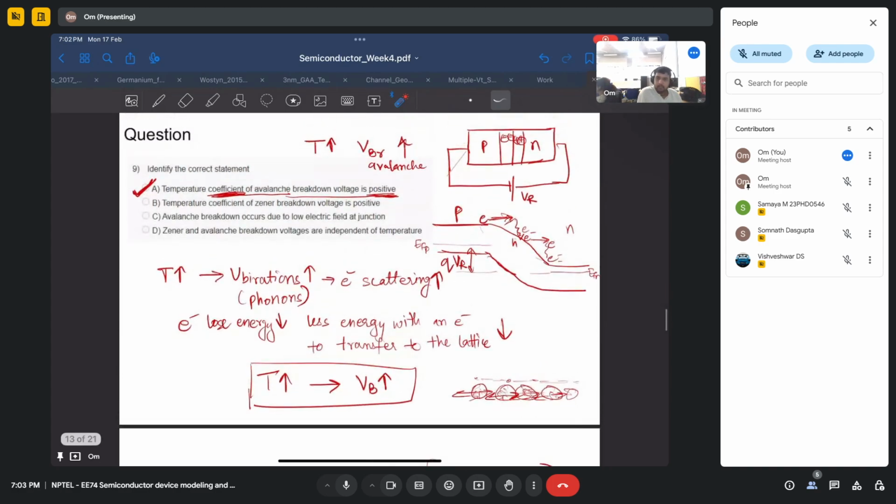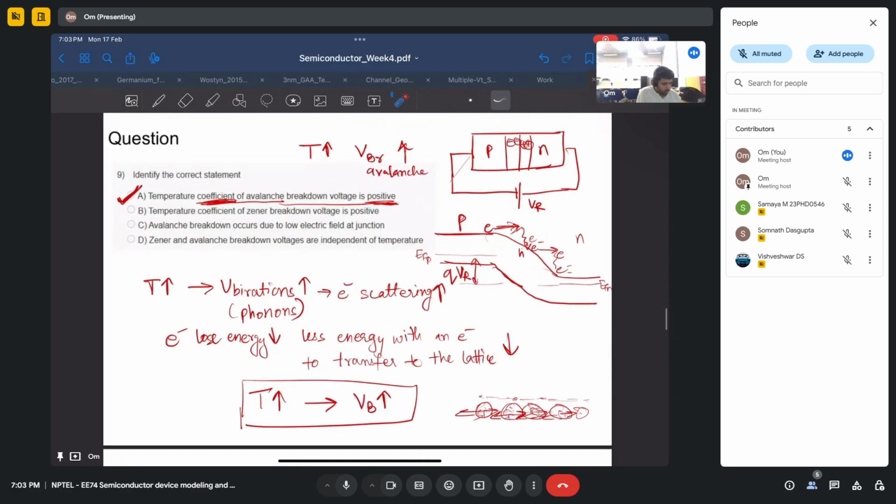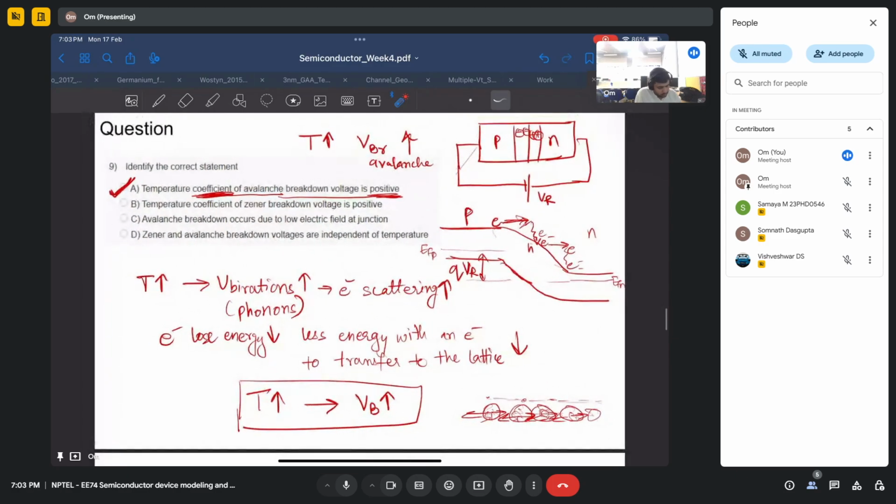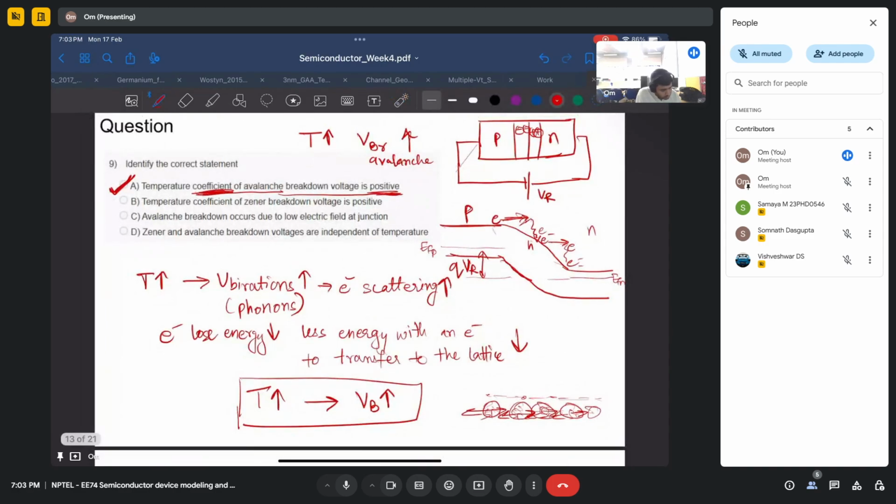Okay, sir. There's one more thing associated with this question. It's not asked in this question, but I want you to look into it. The temperature coefficient of Zener breakdown is actually negative. I want you to read about it. What is Zener breakdown? How is it different from avalanche breakdown?